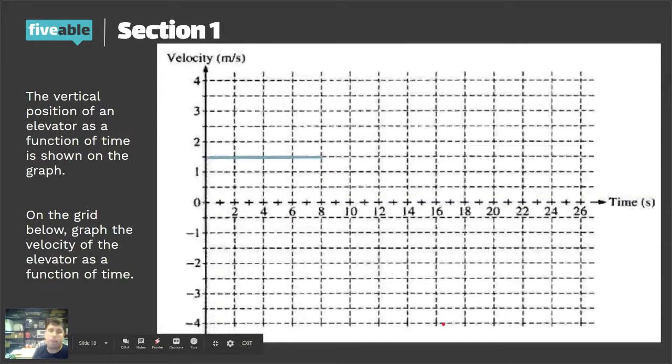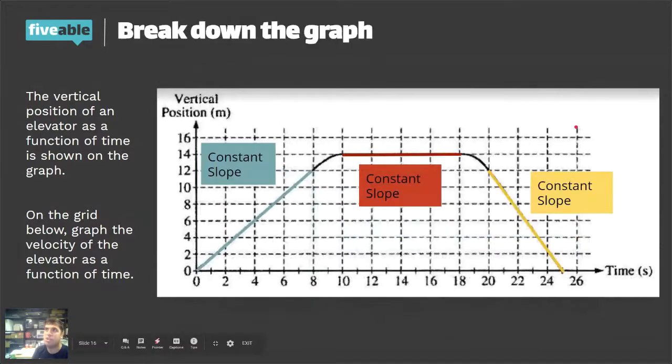Okay, so we can graph that on our velocity graph here. 8 seconds up, we are constant 1.5 meters per second. So horizontal line on that velocity graph because the slope for the blue section did not change all the way throughout that time. So no changing slope on the distance graph means nice horizontal line on our velocity graph.